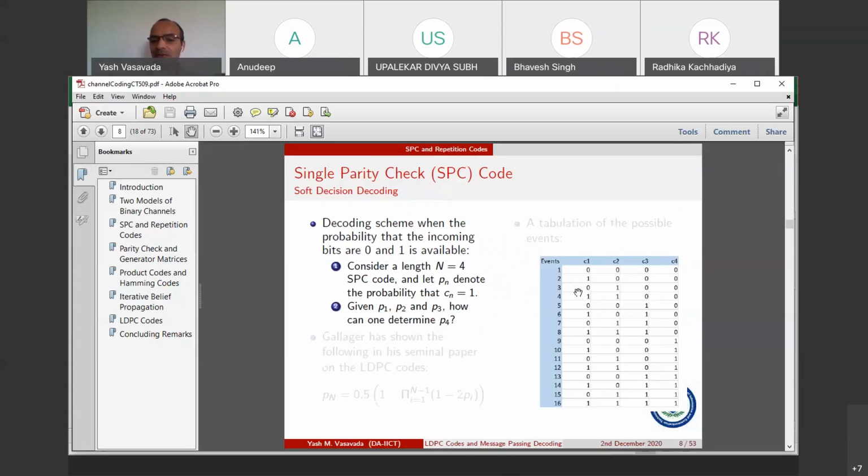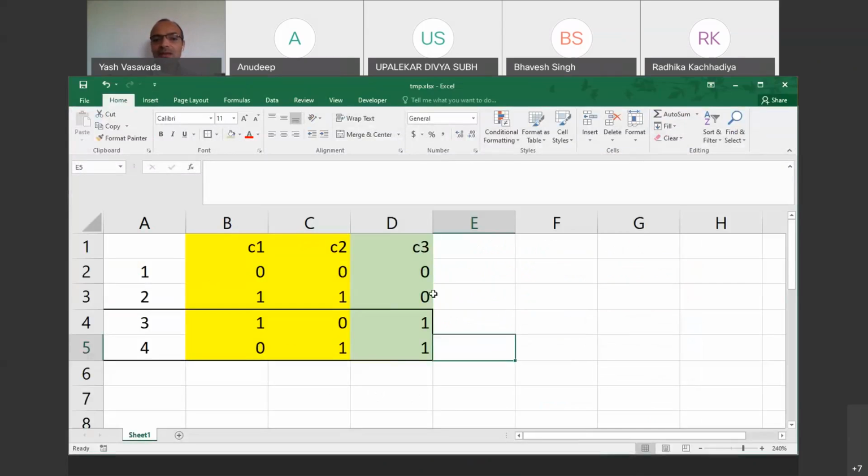And we saw how in the case of a 3-bit code word, the supervisory node can take messages from bit C1 and C2, and using those 2 messages, it can inform C3 about what its probability of being 1 is equal to.